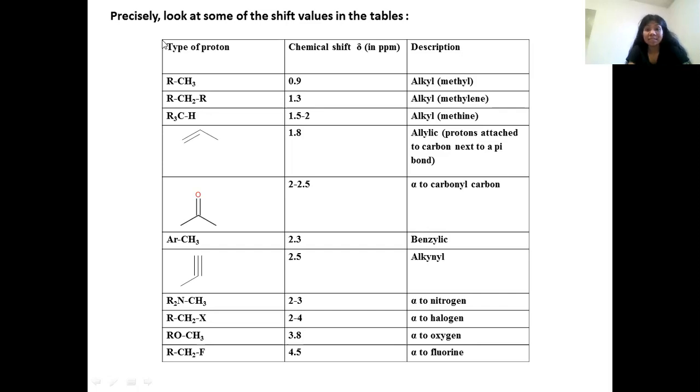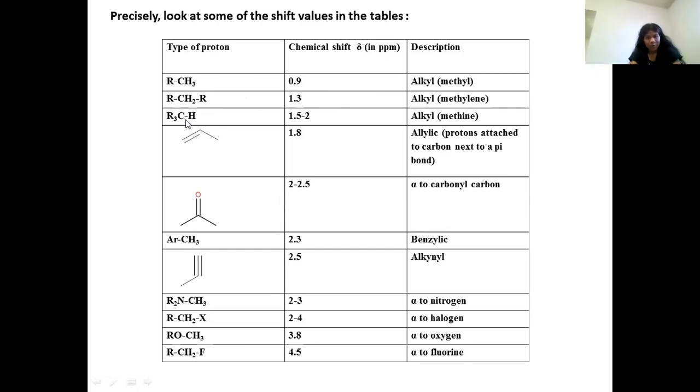Now, to be specific, let's look at this table. If it is a simple alkyl group, RCH3, the chemical shift will be 0.9. For alkyl RCH2R, it could be 1.3. For alkyl R3CH, it could be 1.5 to 2.